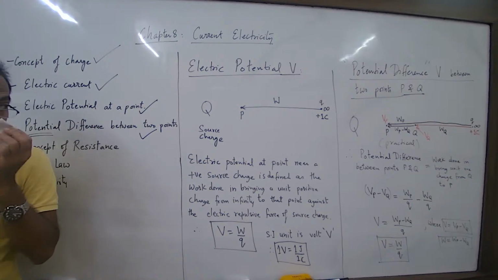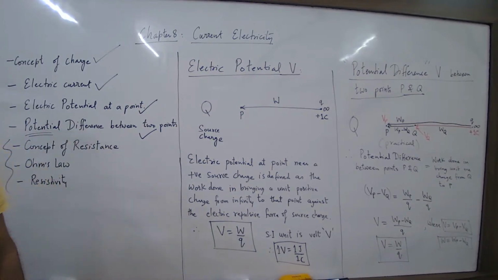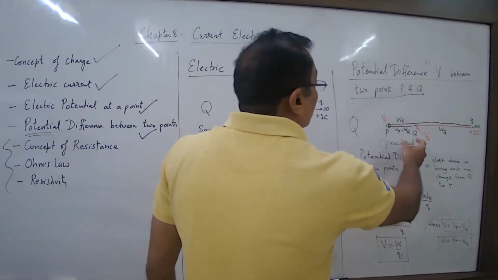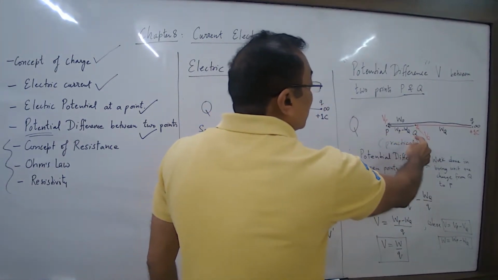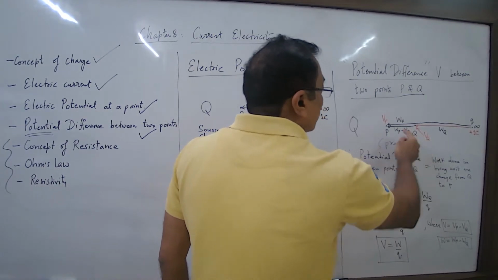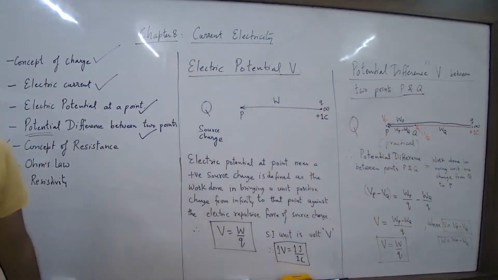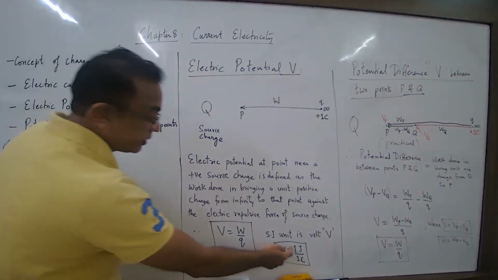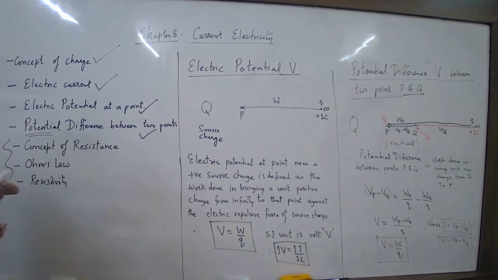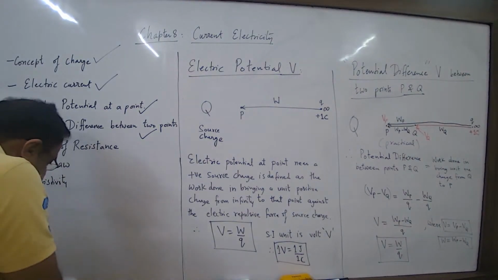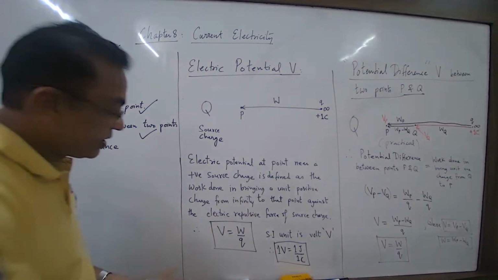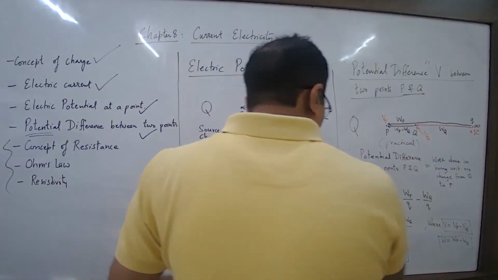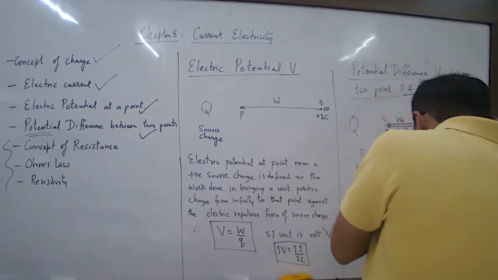So the potential difference between the point P and Q is 1 volt, right, when in bringing 1 coulomb charge from here to here, what is the work done? 1 joule. Okay? The definition is written. What is potential difference 1 volt?